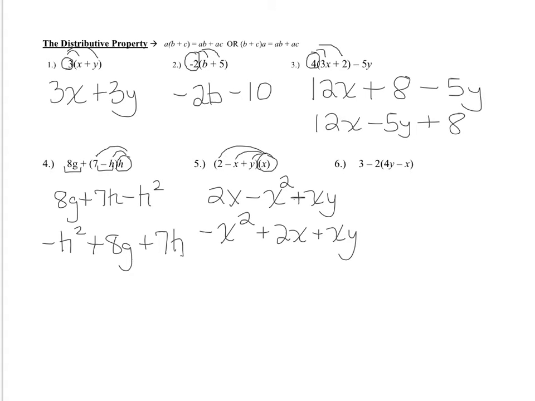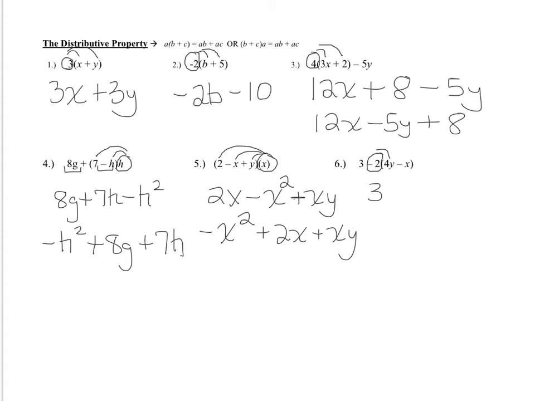Okay, so number 6. Now number 6, lots of people try to do 3 minus 2 first, but that's subtracting before you multiply. So you always have to distribute first. So if you look, I have the 2 there. I'm going to distribute -2 because you keep the sign that's in front of it. So that 3 right there, it just comes straight down.